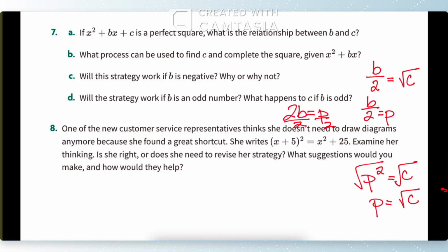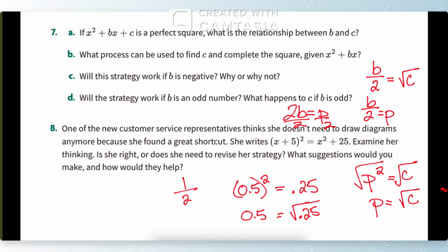For example, if I had 0.5 squared, this would be 0.25, and the square root of 0.25 would just go back to our 0.5. And I could get that by just doing 1 cut in half. So if I had 1x, and I had to cut it in half, I could get a negative number, an odd number, even a decimal number.